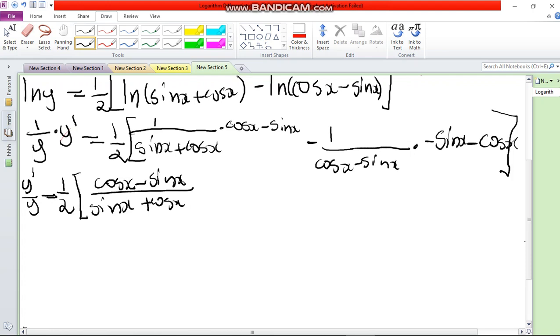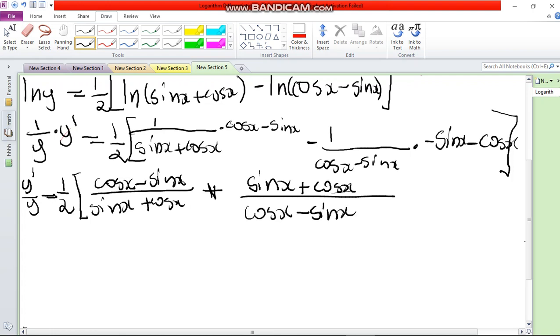So here I have minus, so I can factor out -1, then that -1 multiplied by this negative will result to a plus sin x plus cos x divided by cos x minus sin x. Let's see if you can further simplify. I can take this as my denominator.